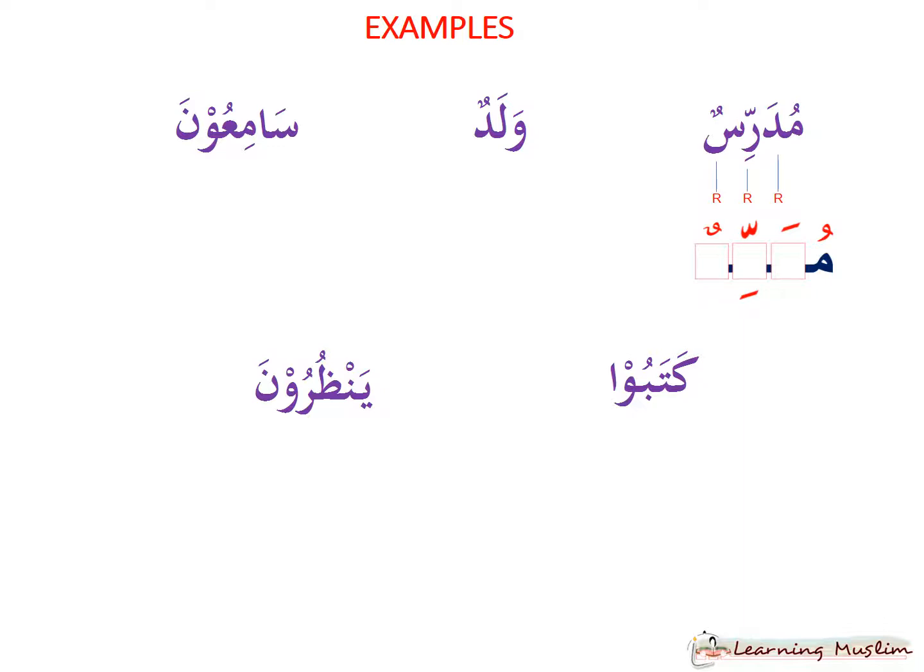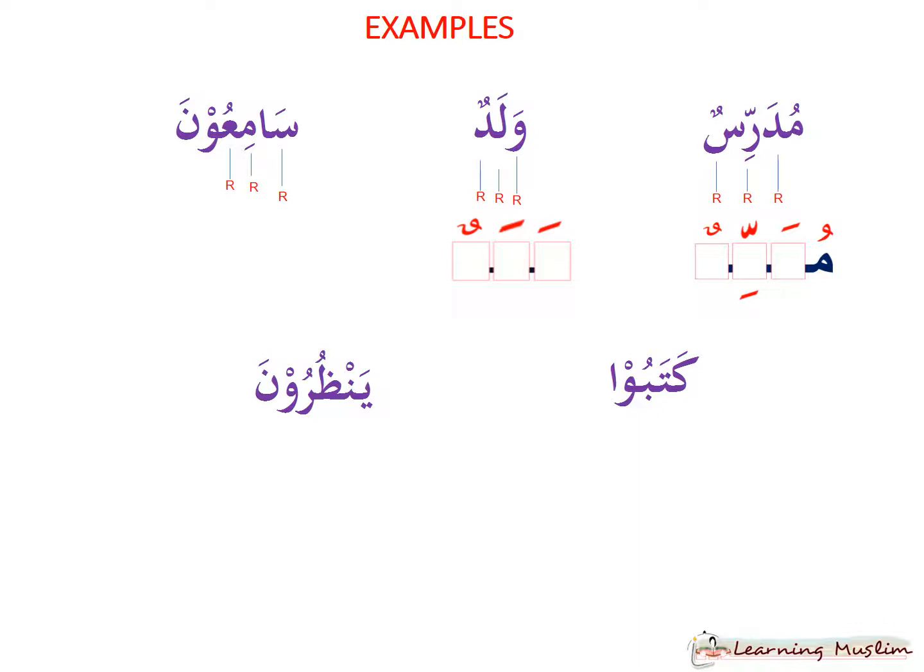Let's look at the next word, waladun. So waw, lam and dal are our root letters, and its pattern is fa'alun. Okay, so walada in the dictionary gives the idea of giving birth, or being born. So waladun means a child. Next word, sami'una, its root is sin, mim, and ain.